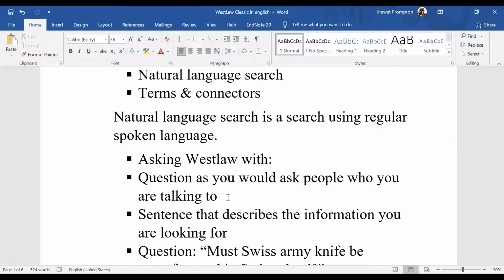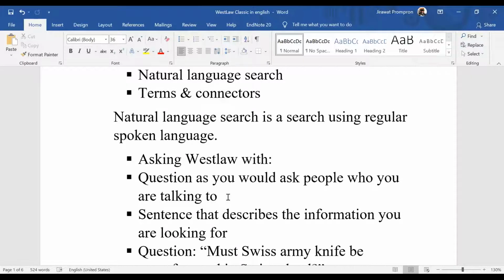You can ask Westlaw in plain language. Westlaw, can you tell me about GI? But I don't know the specific terms.